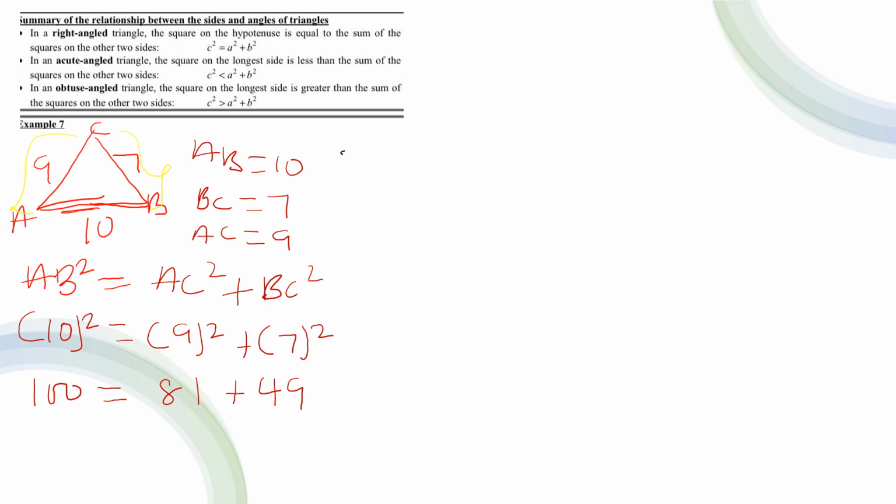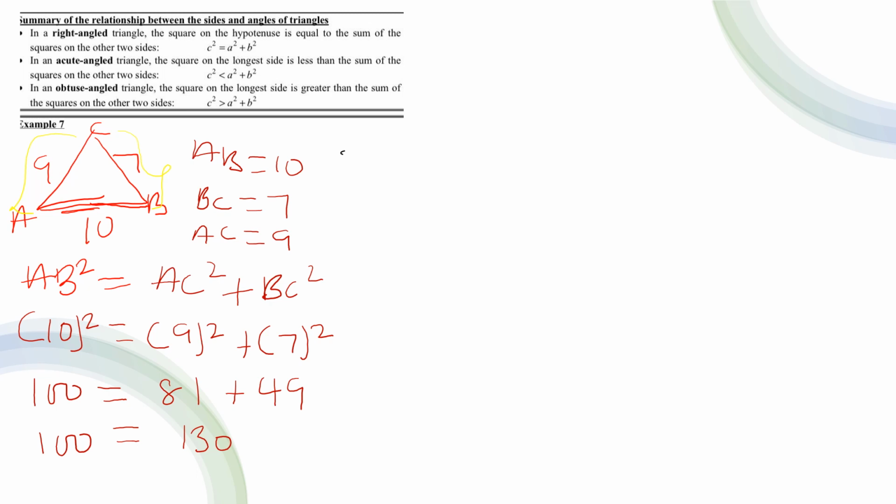Now, without wasting much time, what is 81 plus 49, kids? 81 plus 49 will be equal to 130. Then what is the longest side? 100, just 100. Now let's compare. Are the two sides equal? The longest side here is AB.